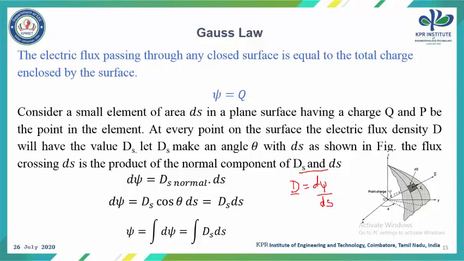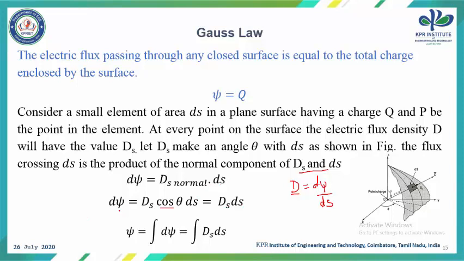Here D is the normal value, so d psi equal to D normal into dS. You know the formula for A dot B: mod of A, mod of B into cos theta. So here this magnitude is D, this magnitude is dS, then cos theta. Therefore d psi equal to D dot dS.